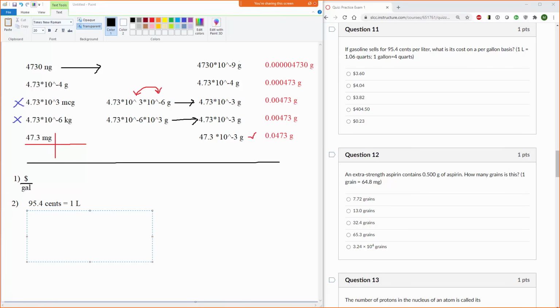One liter is equal to 1.06 quarts, and 1 gallon is equal to 4 quarts. Okay. Anything else we're going to need for this?